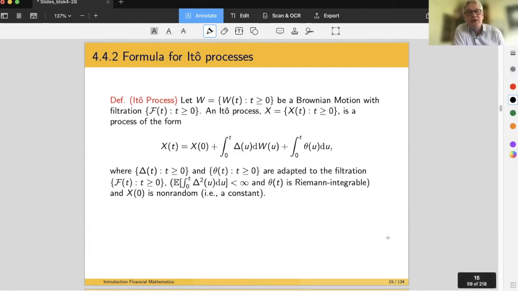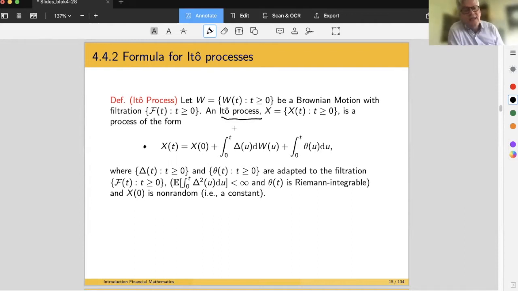Then the Ito process itself, we denote by X, as I mentioned, so it's X(t), t greater equal to 0. That is now a process of the following form. X(t) is written down as X0 plus the integral from 0 to t of delta(u) dW(u) plus an integral from 0 to t of theta(u) du.